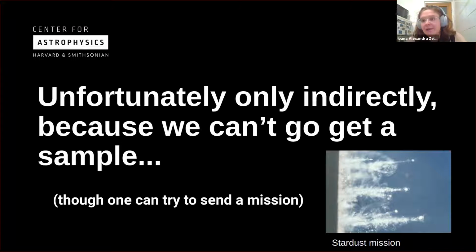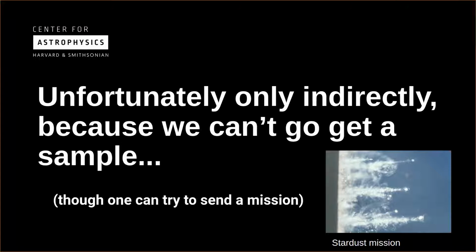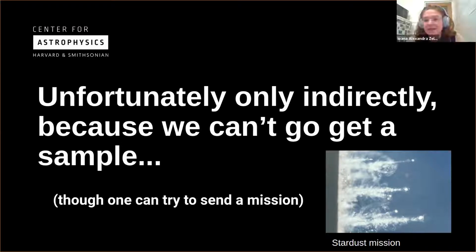But this kind of method would self-select for the dust particles that are traveling very fast, and it would not give a good view into the distribution of the sizes of the dust grains.